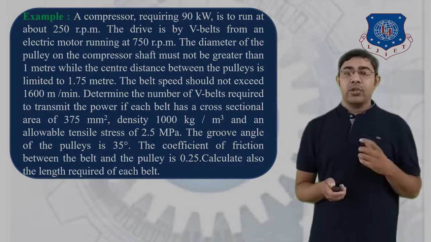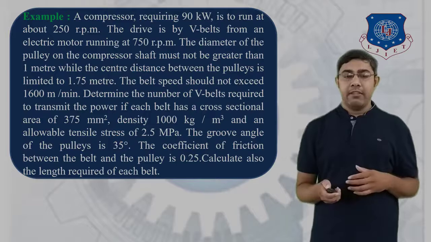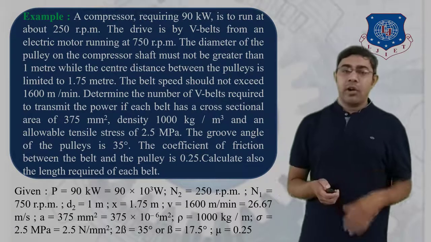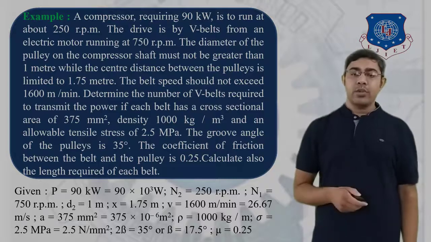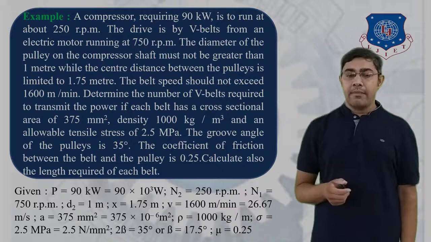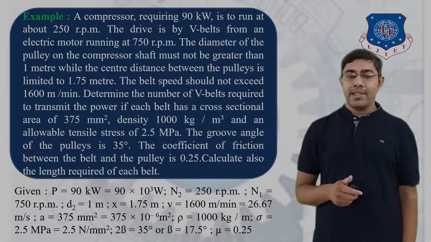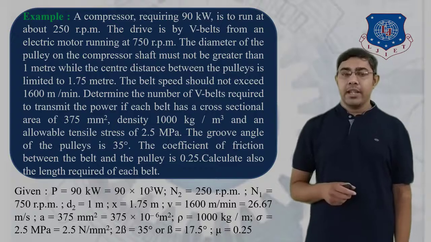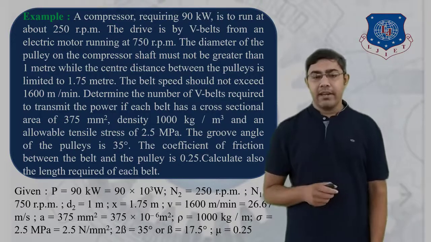So first of all we collect the given data. P is 90 kilowatt, that is 90 into 10 raised to 3 watt. N2 is 250 rpm, N1 is 750 rpm, D2 is 1 meter, and X is 1.75 meter.